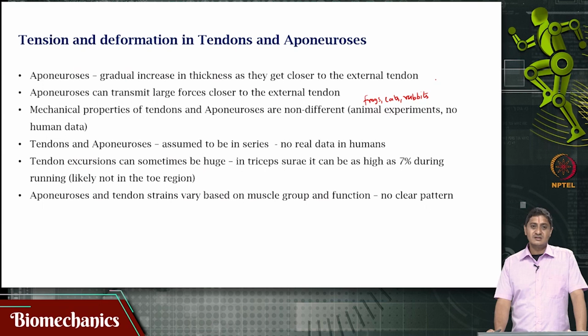Based on that, the properties, the strains that they can take also vary. We already saw this example. For example, in the psoas tendon, there is a possibility for it to take as much as 10% deformation, 10% strain, right. So, these properties vary based on the particular function that it is performing.